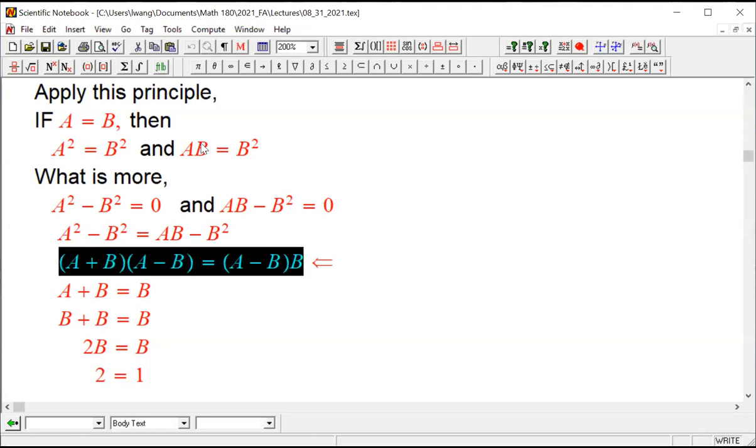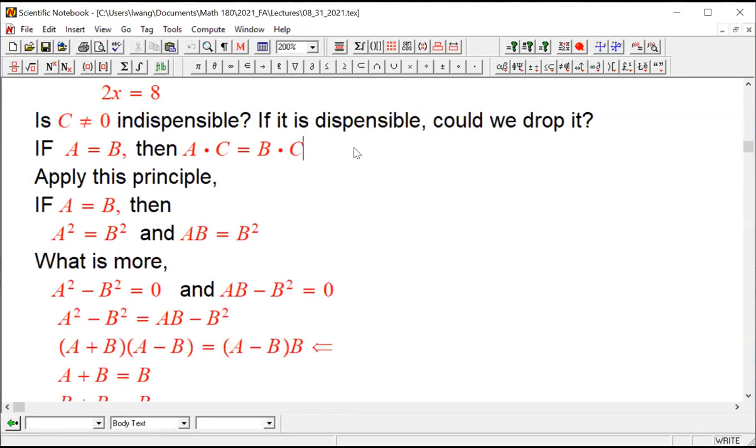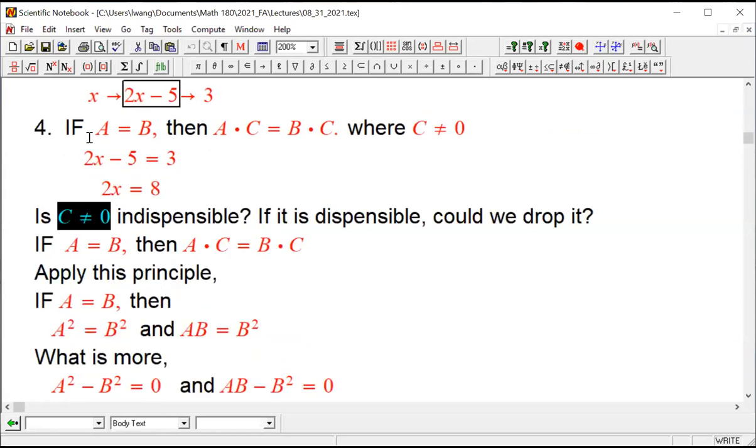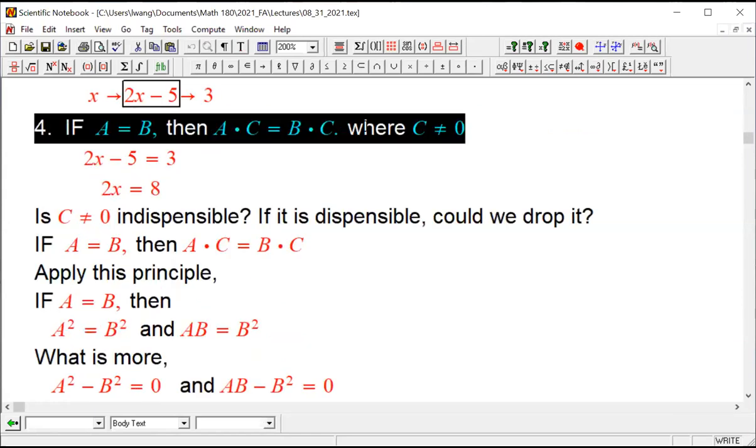So we must have that requirement. Do you guys follow me? So this principle is absolutely indispensable. So principle number 4, whenever you use principle number 4, you have to make sure the number you multiply or divide cannot be 0.